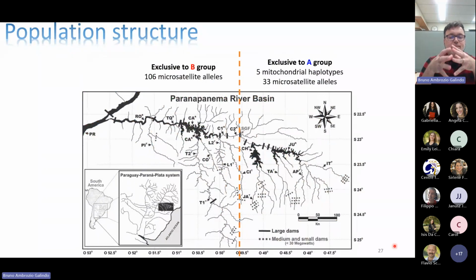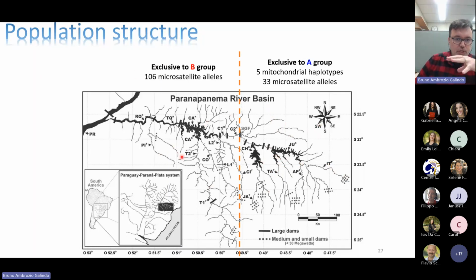And despite the AMOVA analysis not showing a huge amount of variation between upstream and downstream Salto Grande Falls, we can observe in this slide that in the upstream group, we have 5 mitochondrial haplotypes and 33 microsatellite alleles that we found upstream, but we didn't find downstream.